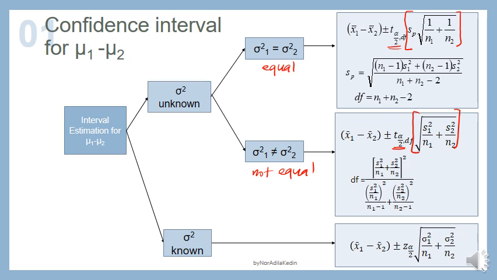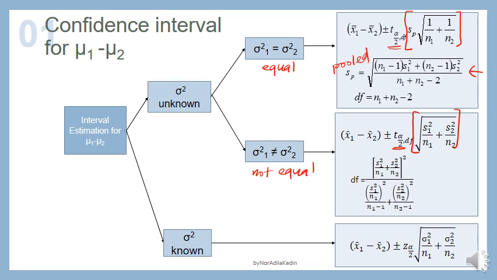Kalau you assume ataupun dia equal variance, then you kena cari pool standard deviation. This one. Pool standard deviation. With degree of freedom N1, sample size yang untuk group pertama, tambah dengan sample size group yang kedua, di minus dengan 2.